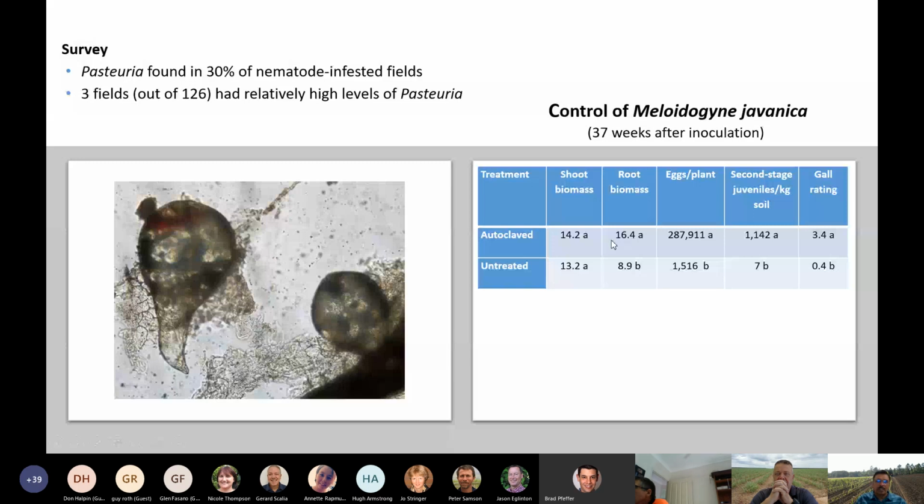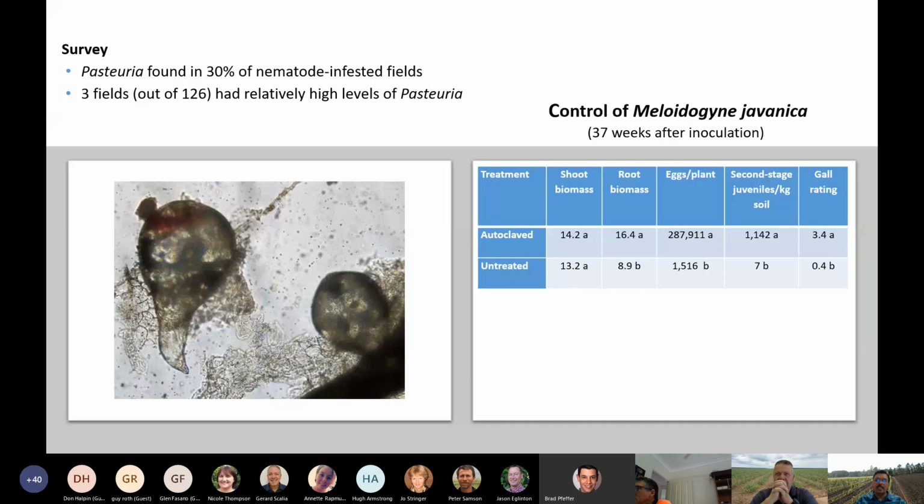So what we did after that was set up a glasshouse trial. We got the Pasteurella infested soil from the field, and we autoclaved some of the soil, while some portion of the soil remained untreated. We set up a potting trial in the glasshouse, planted sugarcane in the pots, and then inoculated them with root knot.